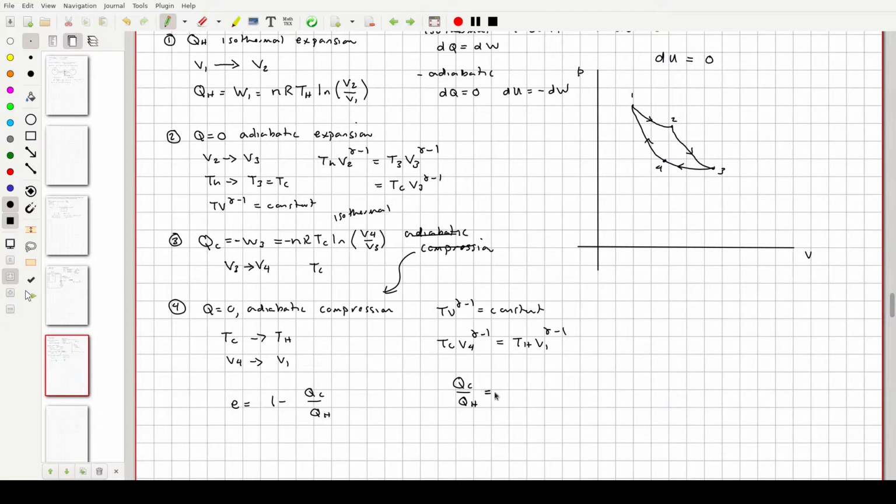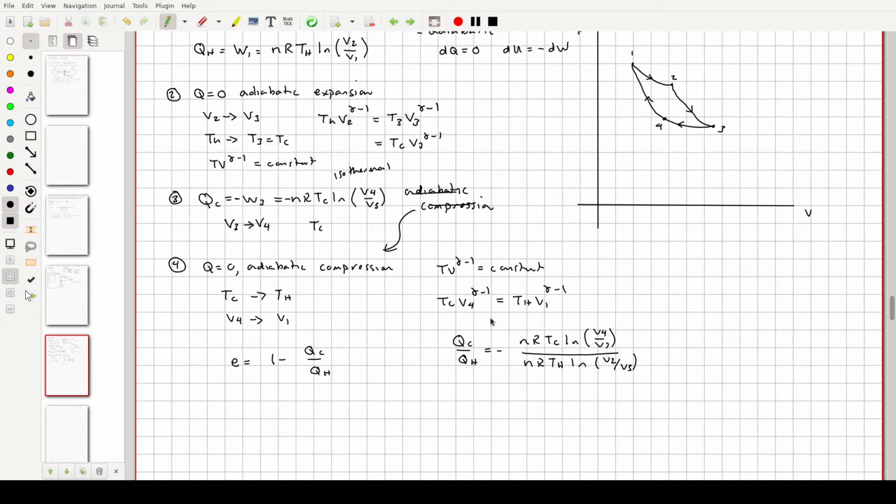So I'm going to put a minus sign out in front. Just go ahead and pull in that negative sign here. QC is NR TC, the natural log of V4 over V3. And QH is NR TH, the natural log of V2 over V1.